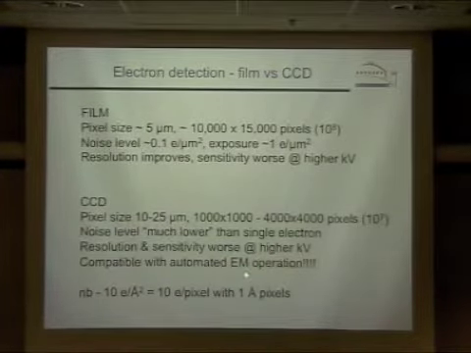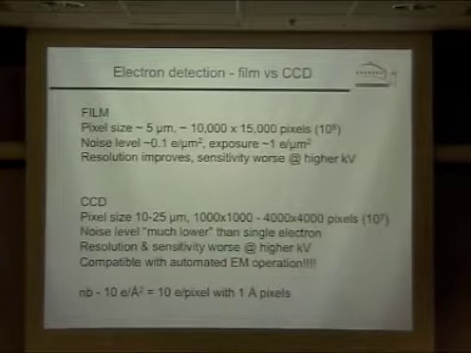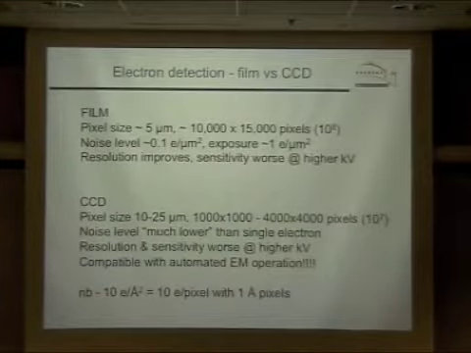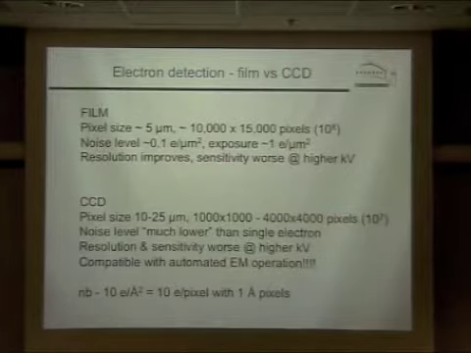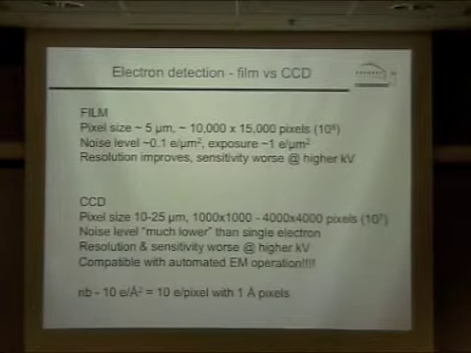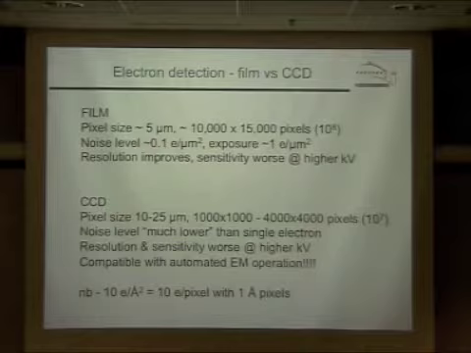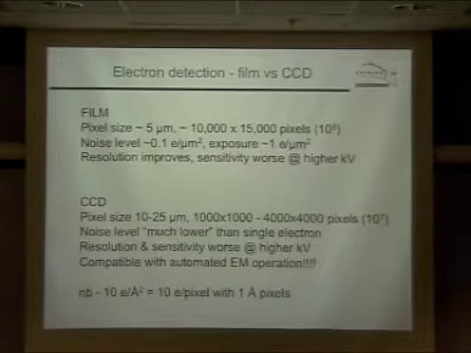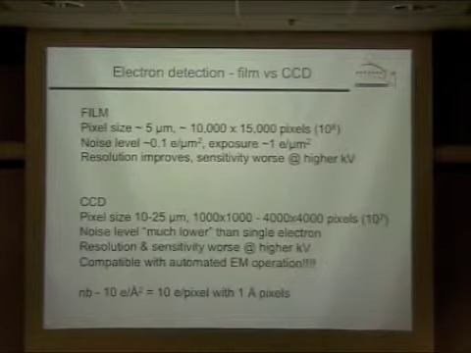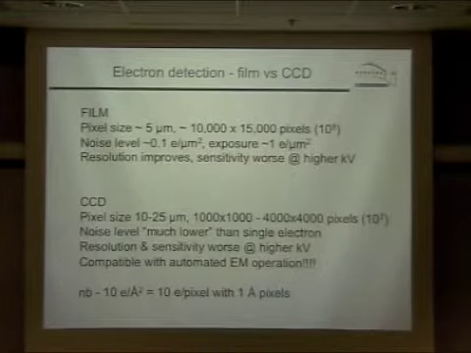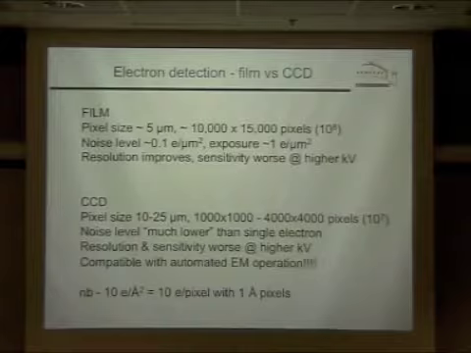This says compatible with automated EM resolution. That is the CCD. Basically, you really need a CCD to do automated image collection, whether it's single particle, diffraction, crystals, whatever. You need a really high quality CCD camera. Just in passing, I would mention that the target exposures to the specimens that we typically work towards are on the order of 10 electrons per square angstrom.